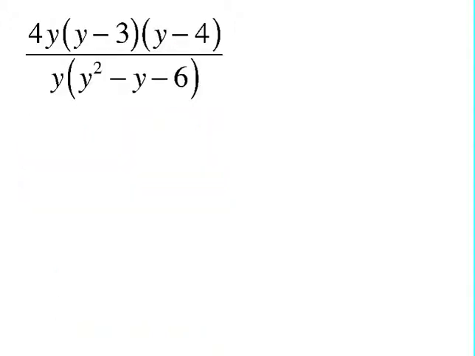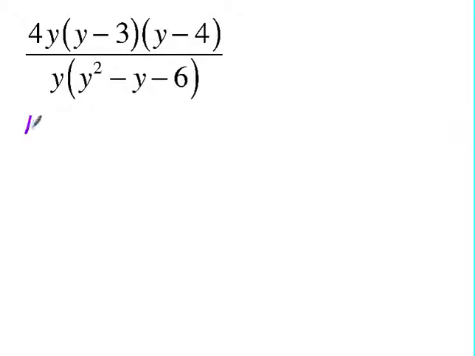Let's look at another one then. 4y times y minus 3 times y minus 4, all divided by y times y squared minus y minus 6. So can I factor the numerator at all?